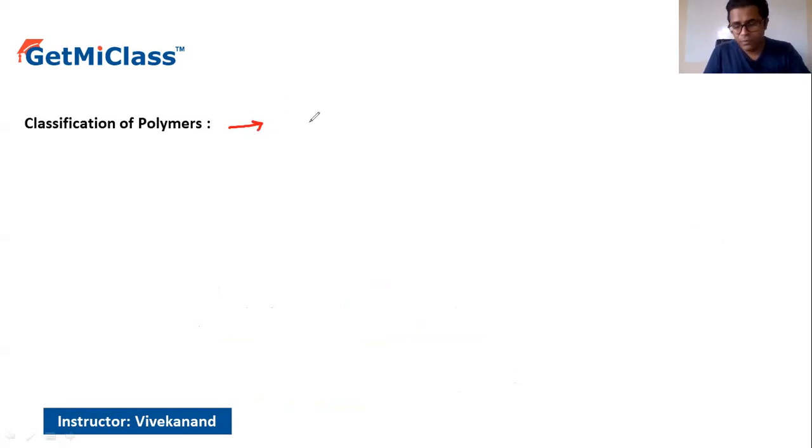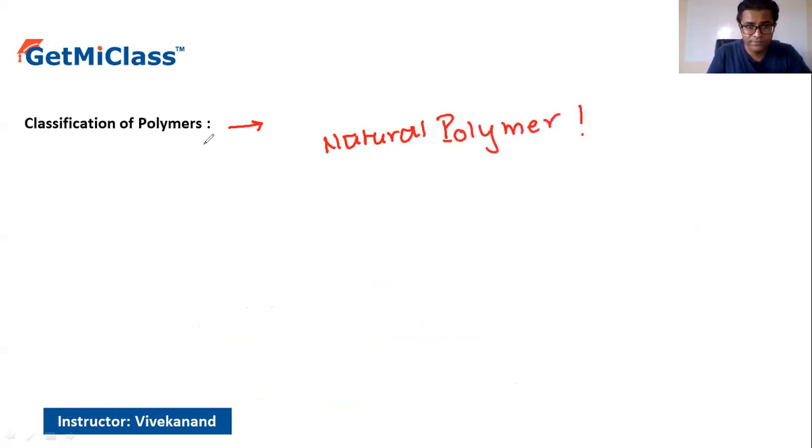If that is the case, we call them natural polymers. Okay, in case we are getting the polymer right from the natural resources. While if we are getting the polymer from the labs, if we are synthesizing them in the industries, in such cases, we call them synthetic polymers.